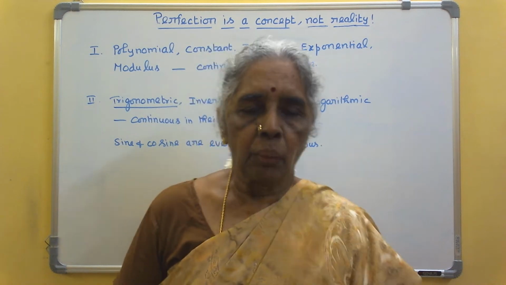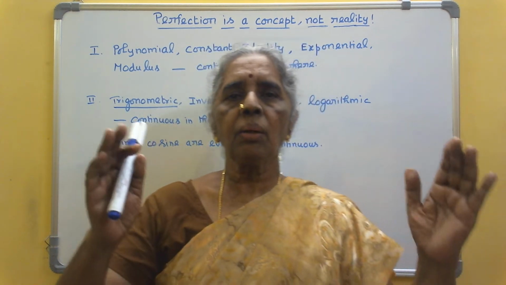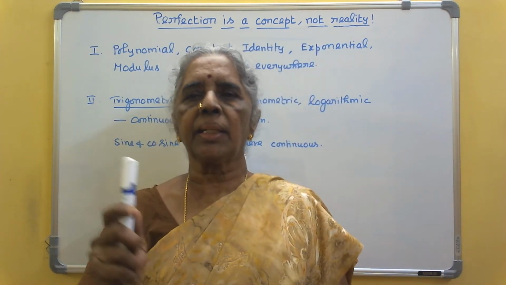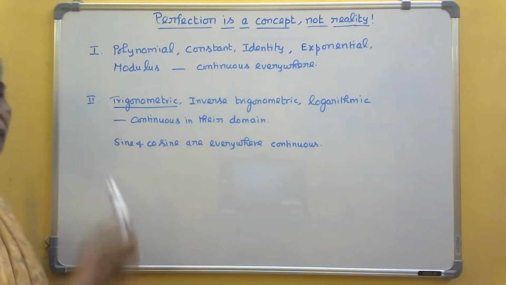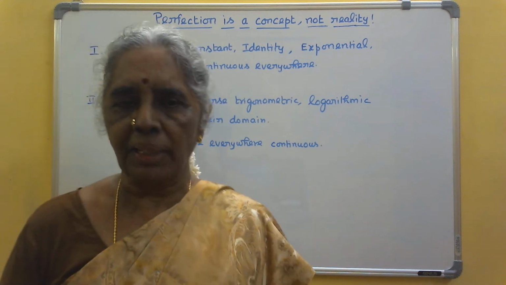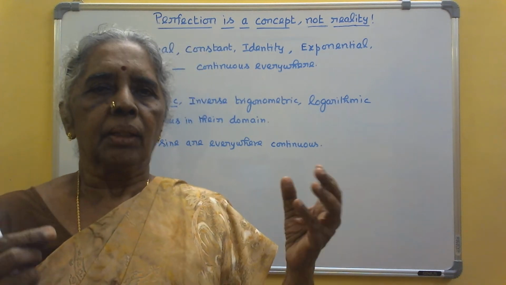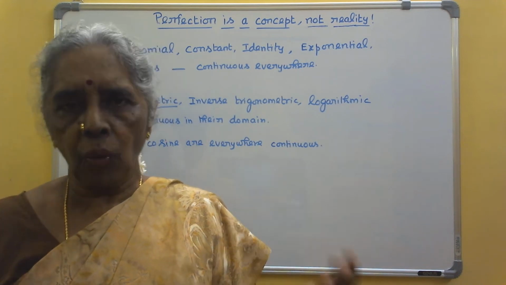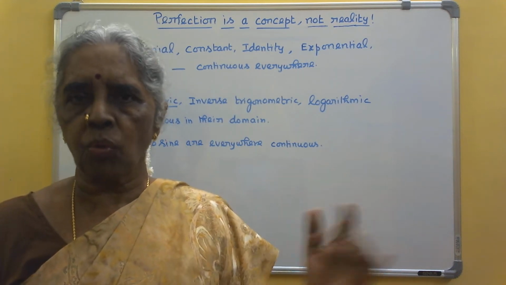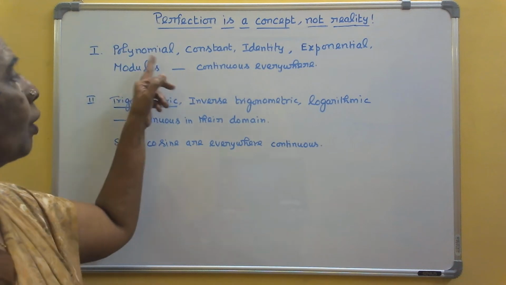Right. Now first let me tell you which functions are continuous everywhere. Polynomial functions. You know what a polynomial is, right? Like a cubic function, a quadratic function and a fourth degree function. In algebra you have so many functions, and they are all polynomials.